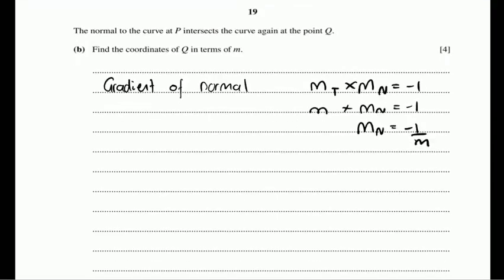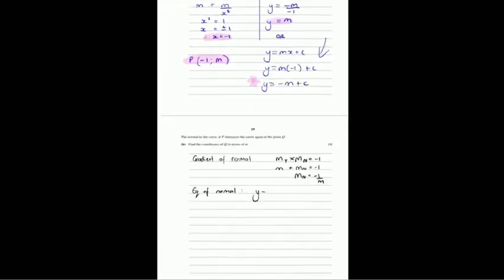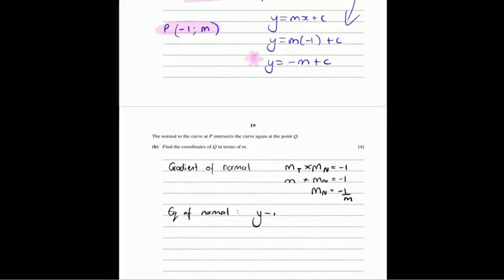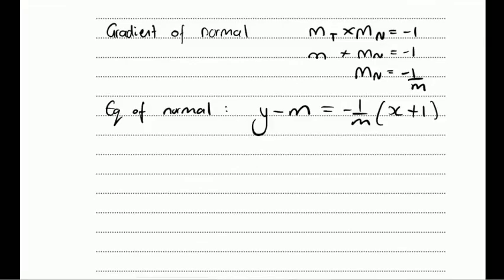Now my equation of the normal is going to be, I'm going to plug in my point P, y minus m is equal to -1 over m, and then x minus minus 1 is x plus 1. Okay, so this is now my equation of the normal.